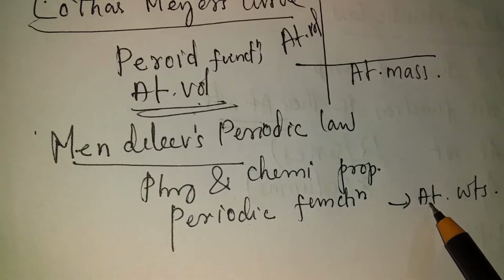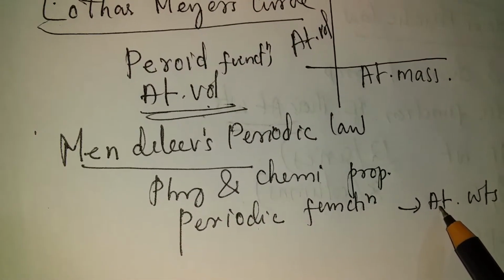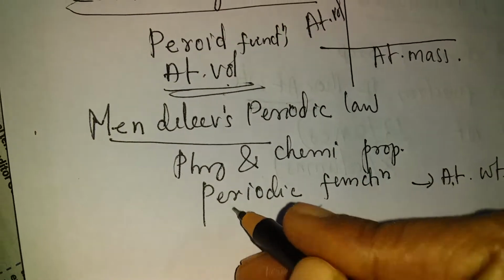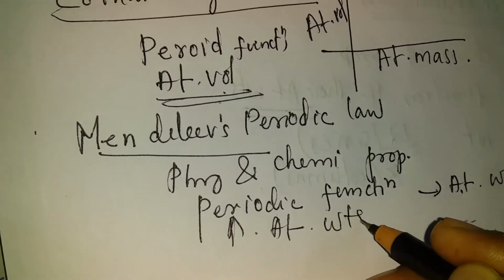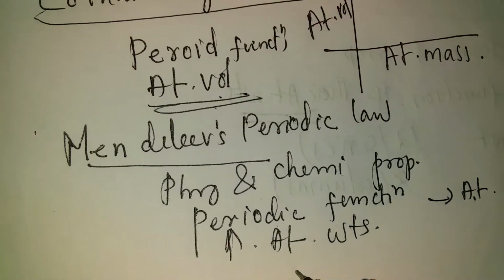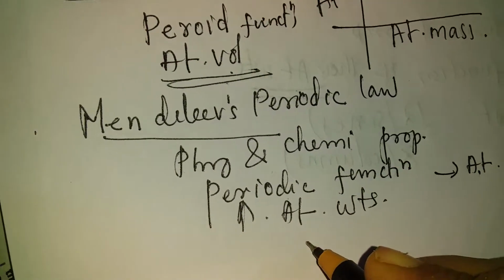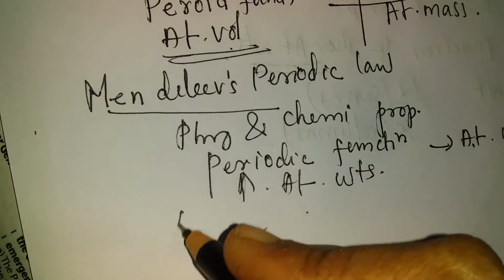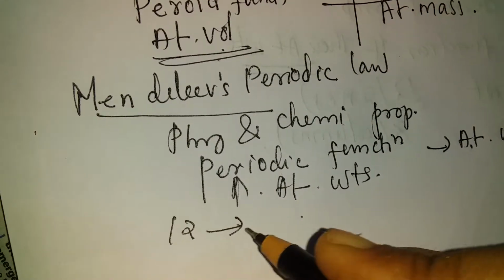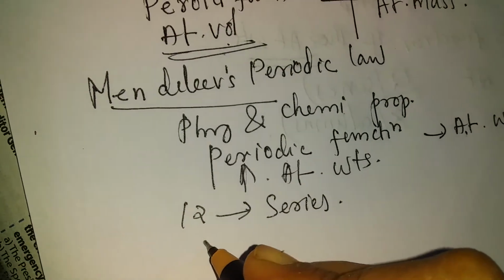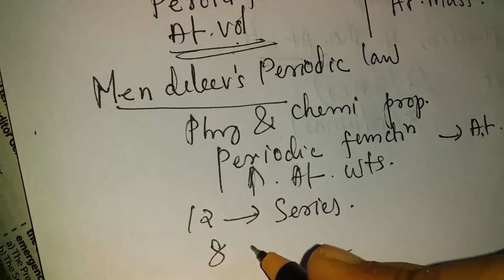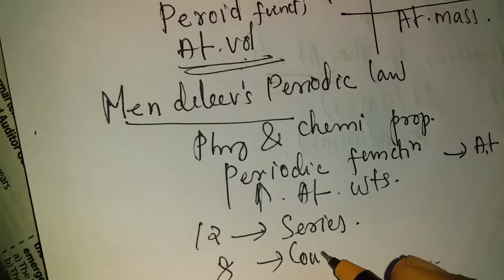He arranged the elements in the increasing order of their atomic weights. And he constituted a table that contained 12 horizontal rows, known as series, and 8 vertical columns.